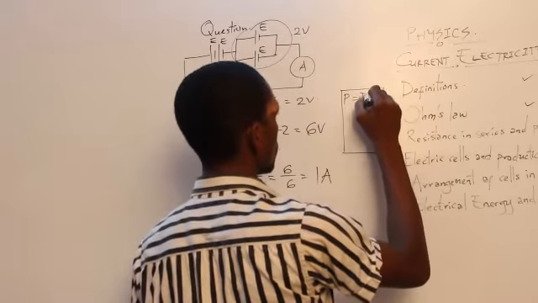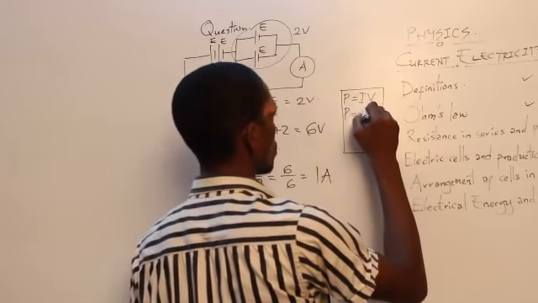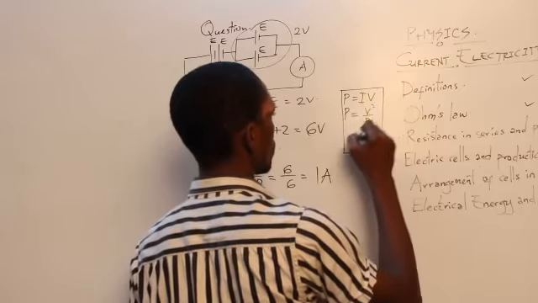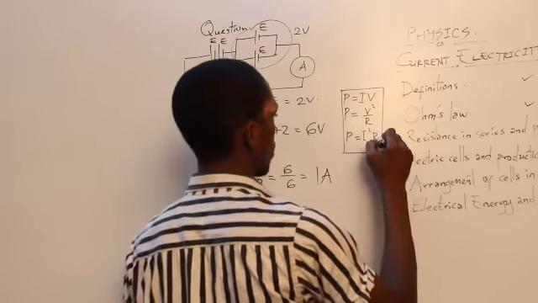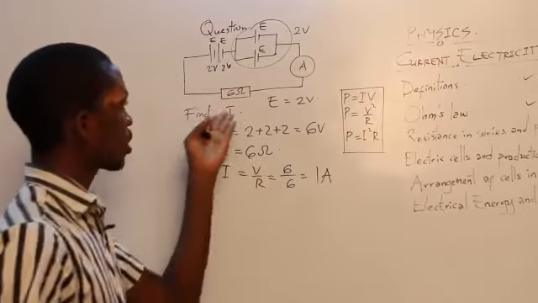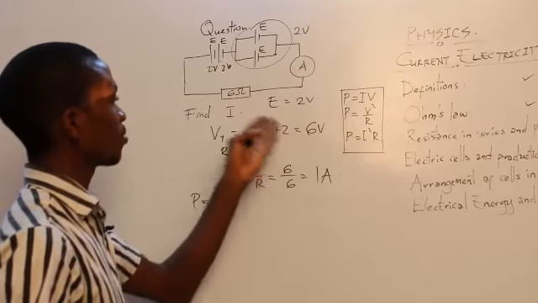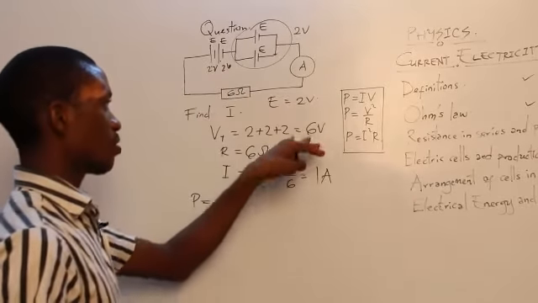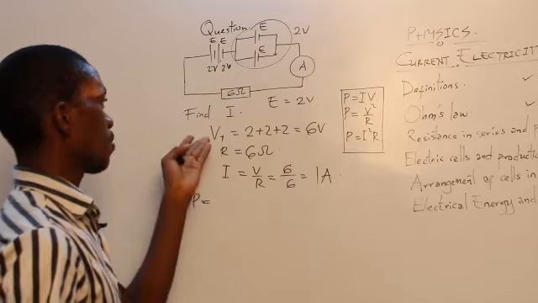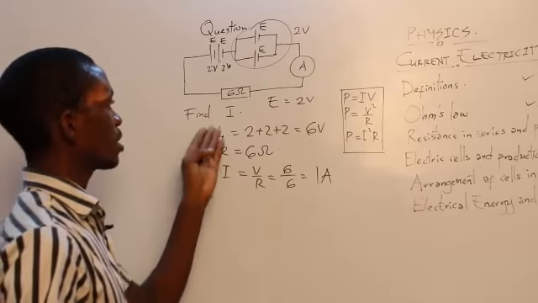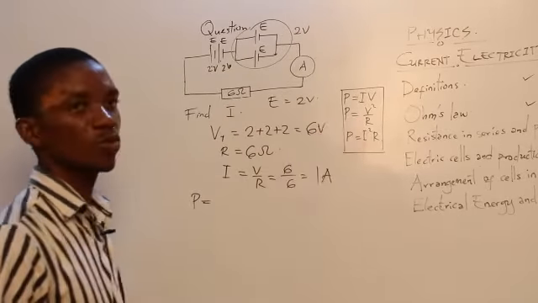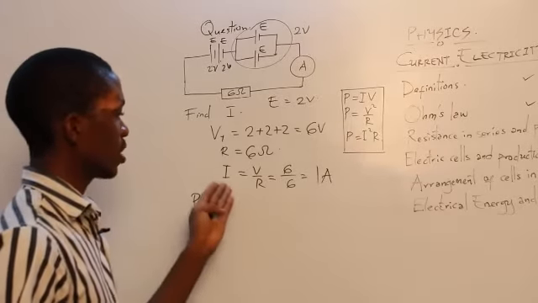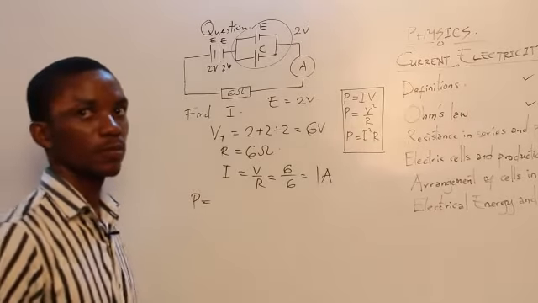Power equals IV, power equals V squared over R, power equals I squared R. Now, working with what we're given in the question, we have V and we have our R. So it will be preferred to use power equals V squared over R instead of using the I that we calculated.